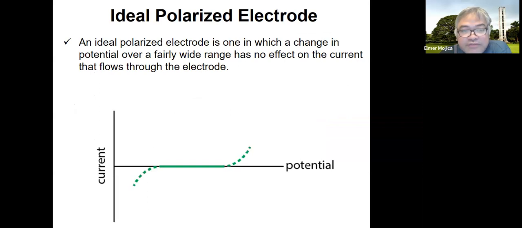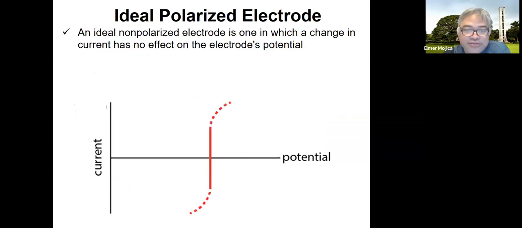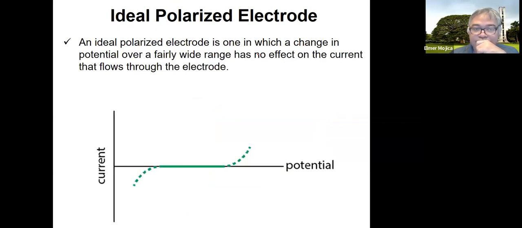But first, we can define yung tinatawag nating ideal polarized electrode at yung ideal non-polarized. So this should be non-polarized. If you have an ideal polarized electrode, this is one in which the change of potential over a fairly wide range has no effect on the current that flows to the electrode.